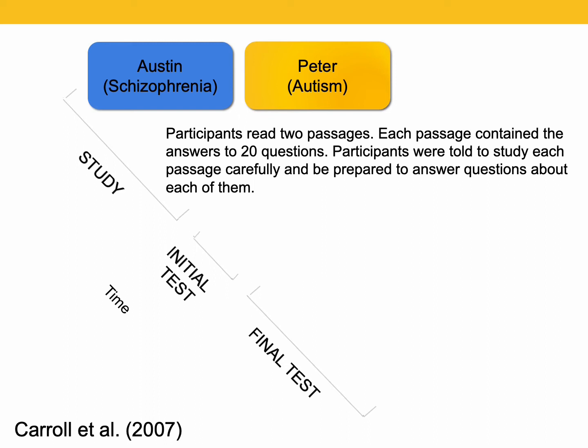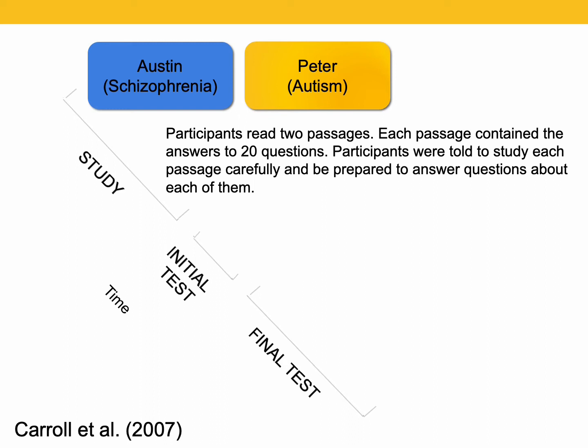Okay? So in this case, in the first phase, participants read two passages from a textbook. And each passage in the textbook, okay, contained answers to 20 questions. Okay, so participants were told to study each passage carefully and be prepared to answer questions about them, right?